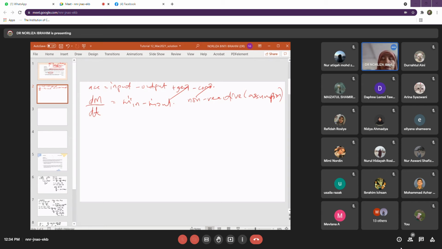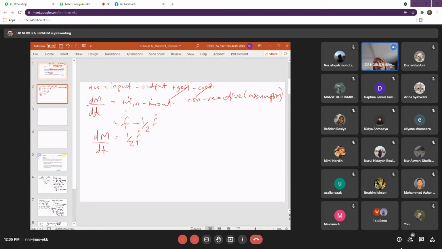The m dot in is actually F dot, the one given in the question, and the outlet is half F dot. So your dm over dt is F dot minus half F dot, which is half F dot. As simple as that.